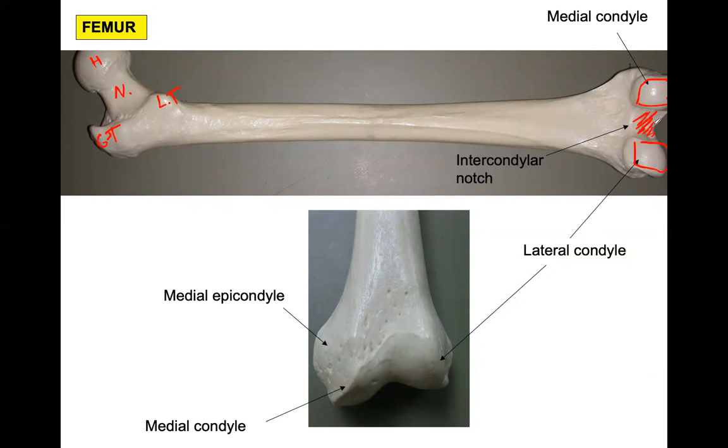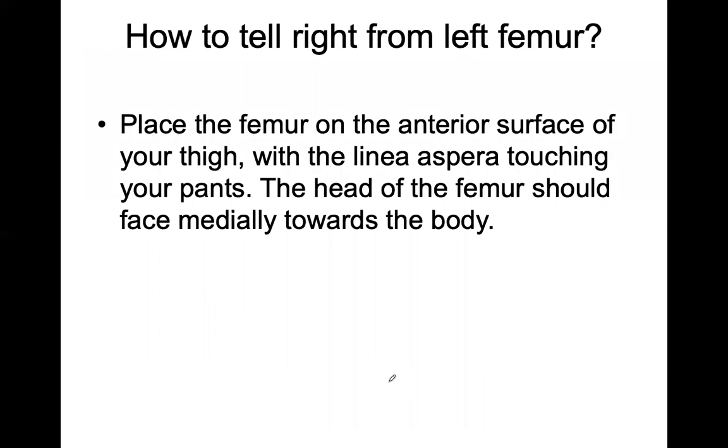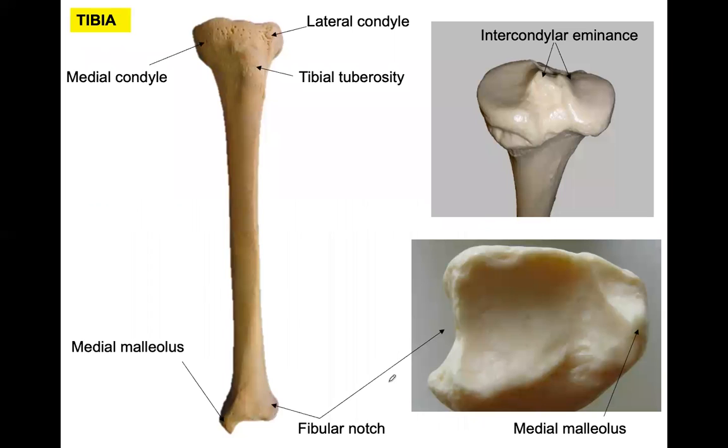And then you also have a little bump on top of that, on the medial side, called the medial epicondyle. So right here is the medial epicondyle, here is your medial condyle, and here's your lateral condyle. Again, no need for you guys to know right and left.